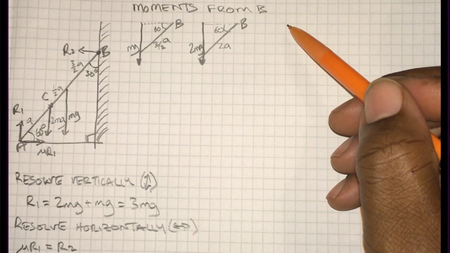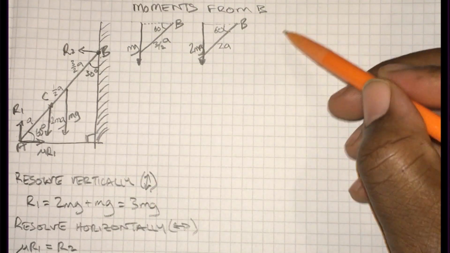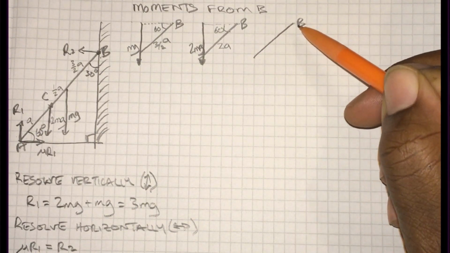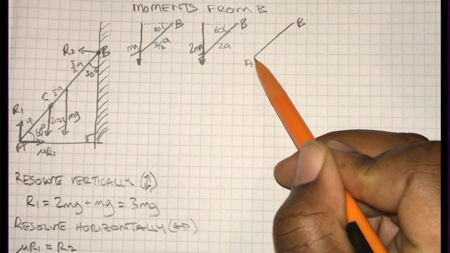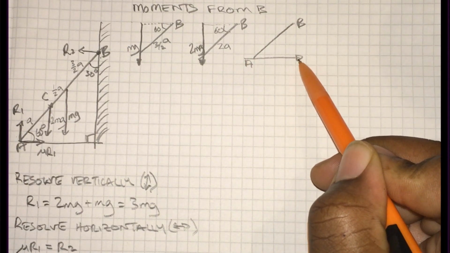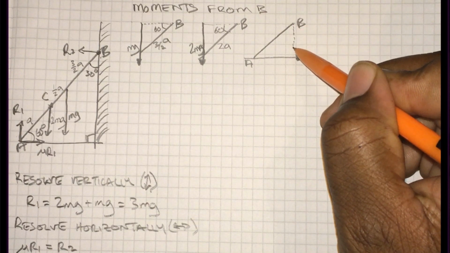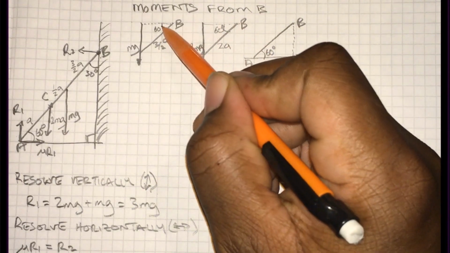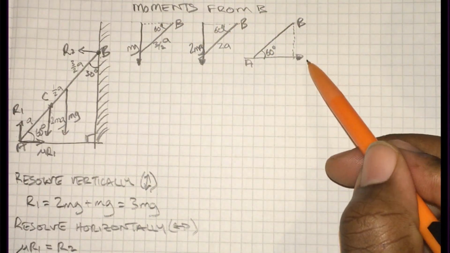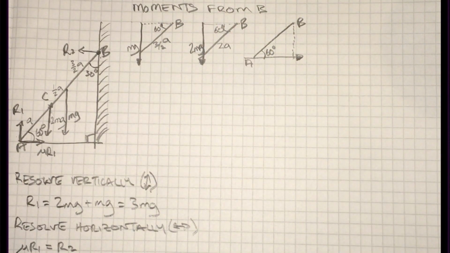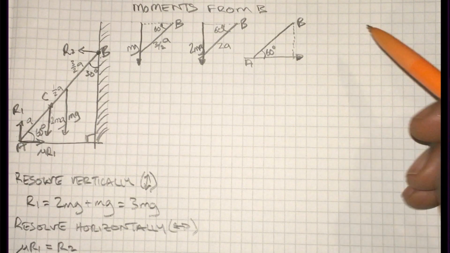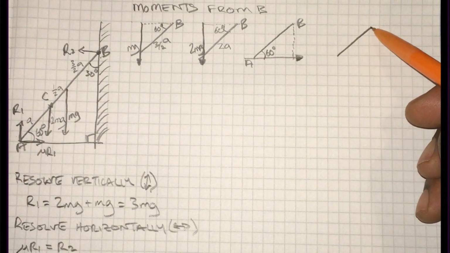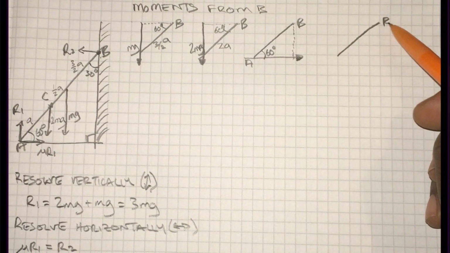One more anti-clockwise force, and it's going to be the mu R. So AB, there's the force mu R. Here's the perpendicular distance from the line of action to the point that we're taking moments from, and that I would need to calculate. These are all the anti-clockwise forces.